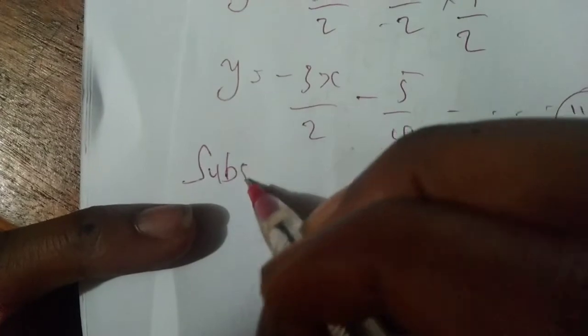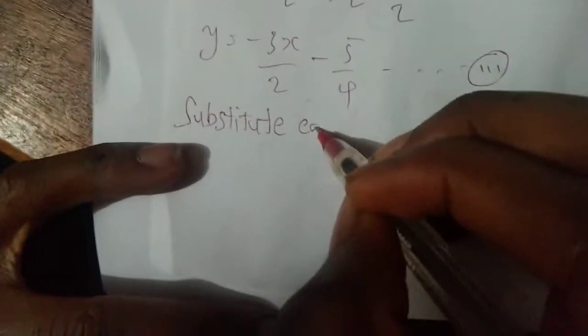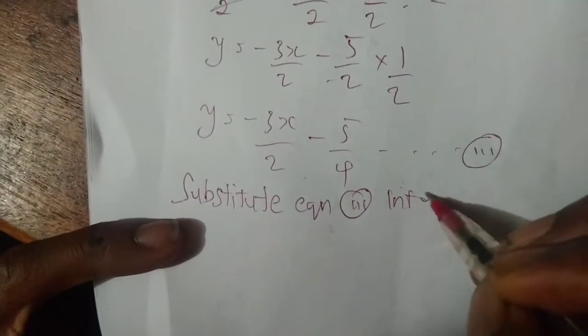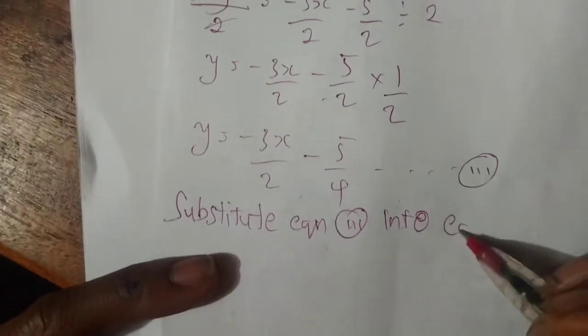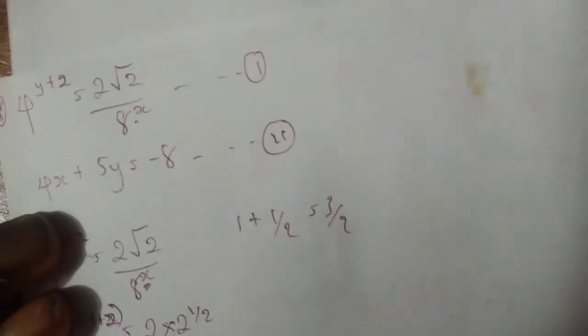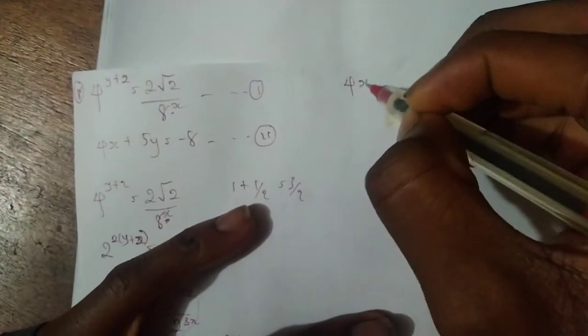So substitute equation 3 into equation 2. From equation 2 we have 4x plus 5y is equal to minus 8.